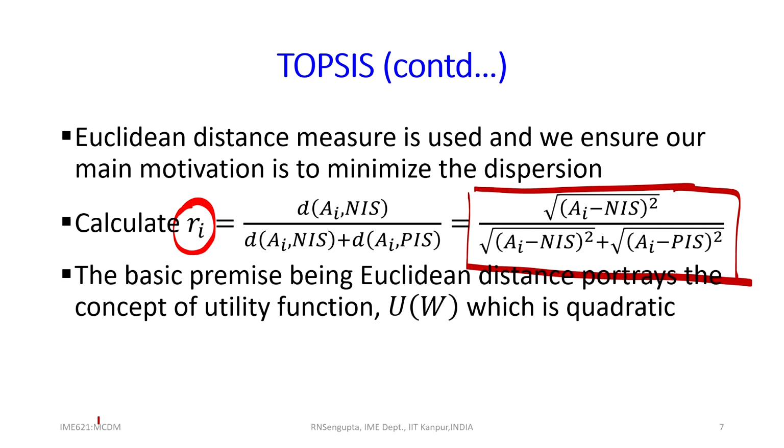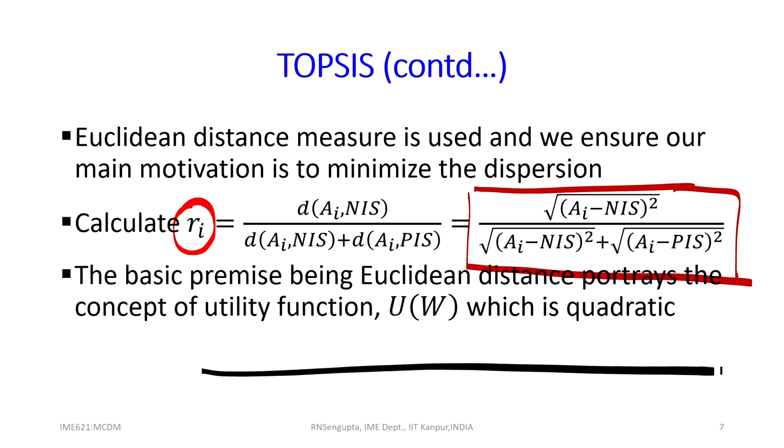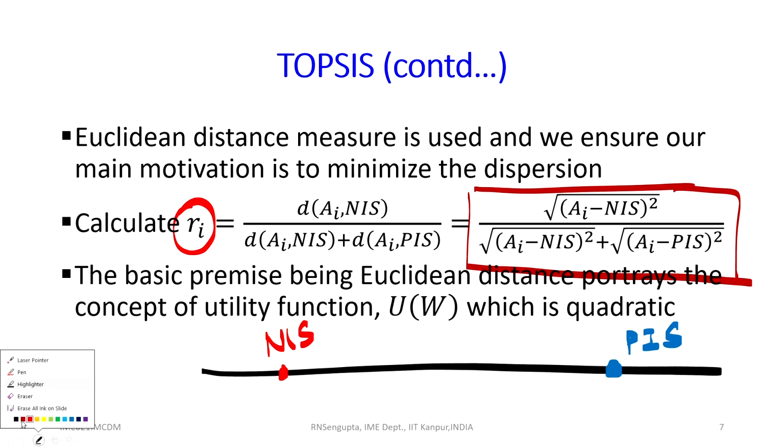So, if I again draw the real line, the blue one being the positive point and the red one being the negative one, PIS and NIS. When I take any Ai, consider arbitrarily Ai is here.